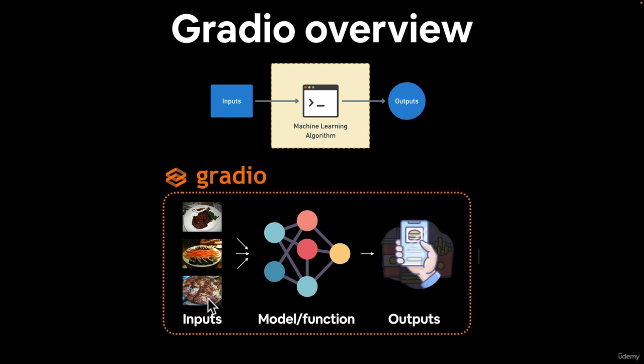And in our case for Food Vision Mini, we have food images as inputs, a model/function to learn patterns in those inputs and generate predictions, which are our outputs. So this is what Gradio helps you to do. It helps you create an interface for this particular workflow. You have some kind of inputs, you have a model/a function for those inputs to go through and be transformed into some kind of outputs.